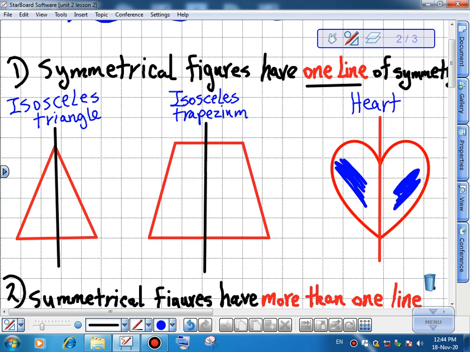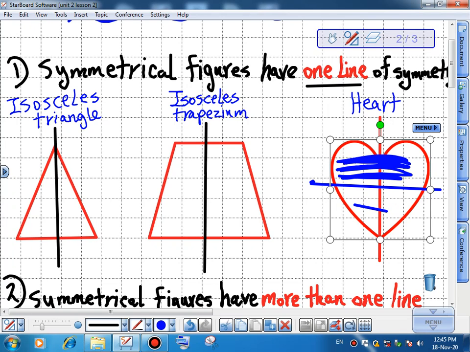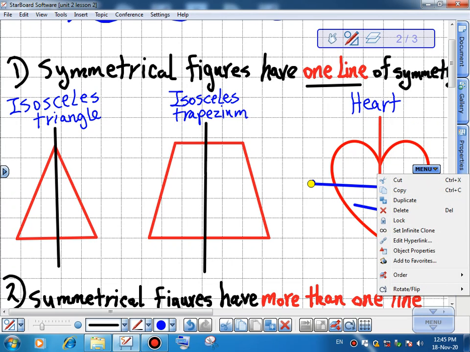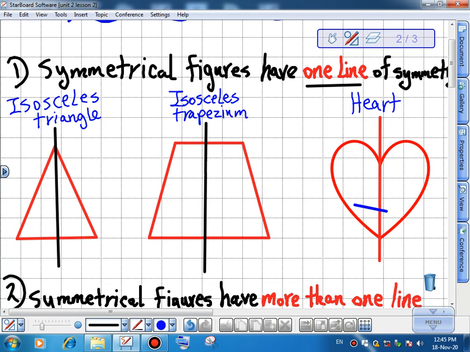So we call this figure a symmetrical figure, and this line is called a line of symmetry. If I cut it horizontally into two pieces, the up side is not the same as the underside. So we have only one line of symmetry here.